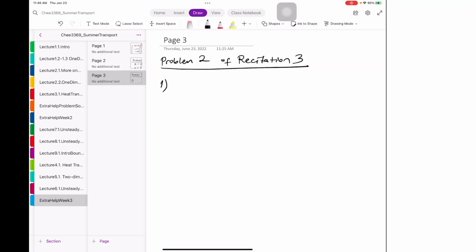Do we need to reinvent the wheel for this problem? No, right? We're just going to use the same formula for the semi-infinite wall.